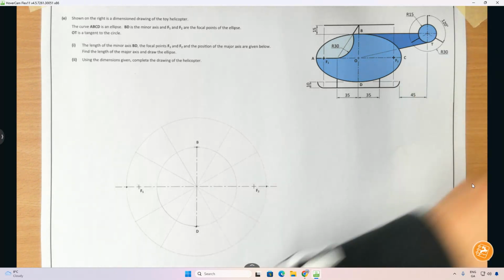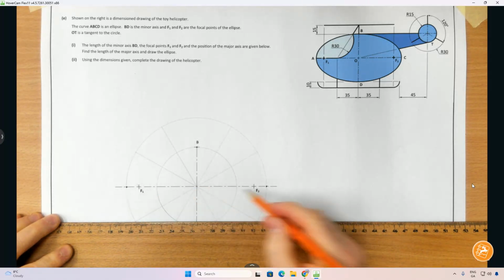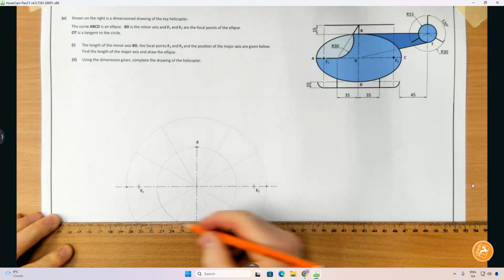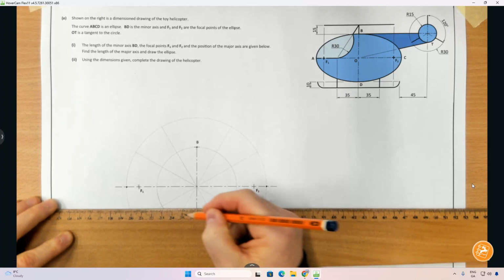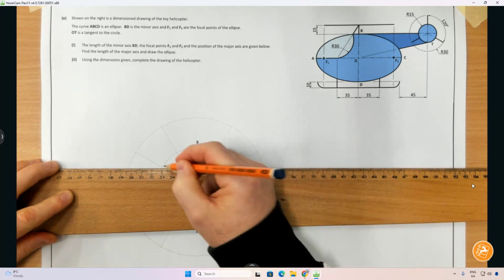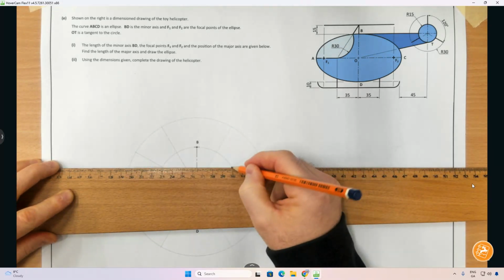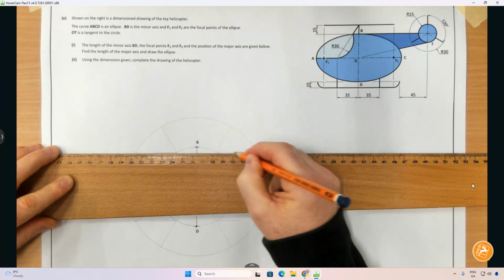Now, anywhere it cuts the minor circle, I'm going to go parallel to the major axis. The major axis is running horizontal, so I either go left or right. So I'm going to go left and right, left and right, and up here to the top half, left and right, and likewise here, left and right.